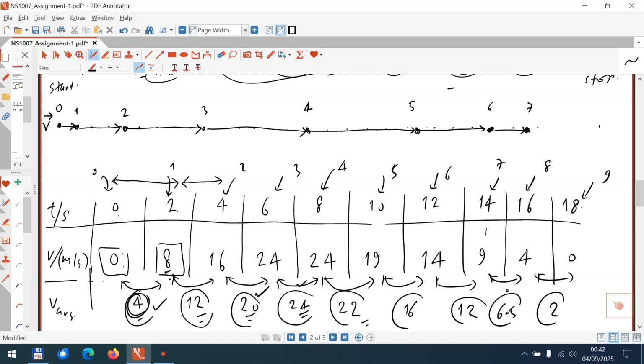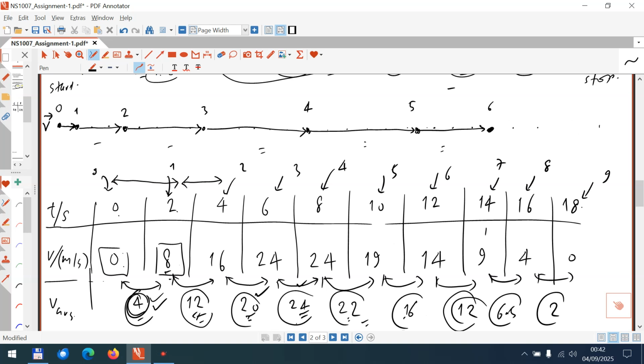I think I made a mistake. Let's see. So this is 4, then this is 12, right? This is 12, this is 20, this is 24, this is 22, this is 16. After 16, I have 12, okay? So this was a mistake. After 16, I have to go 12. 1, 2, 3, 4.